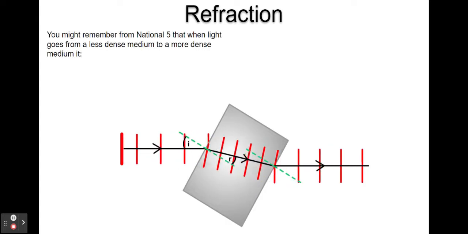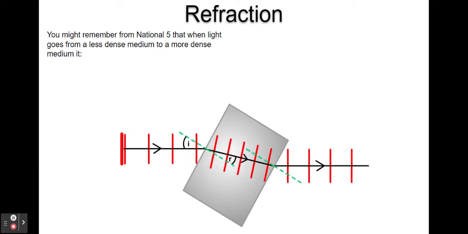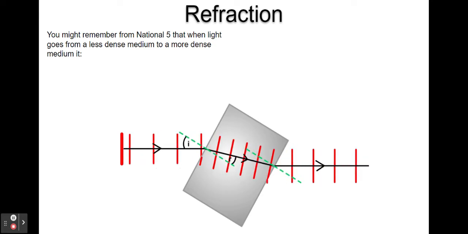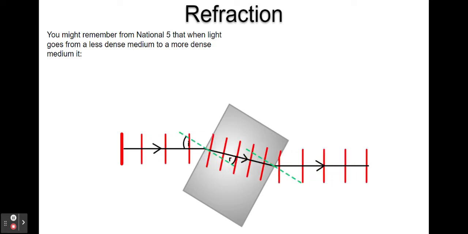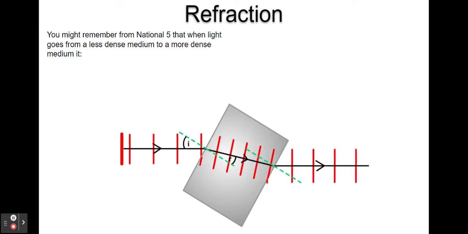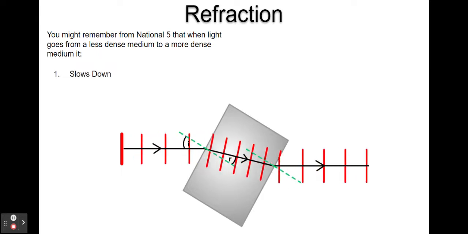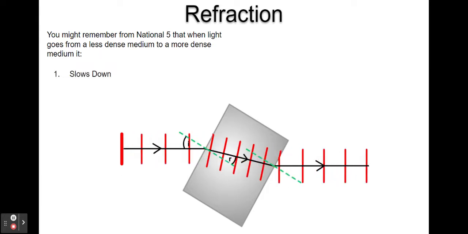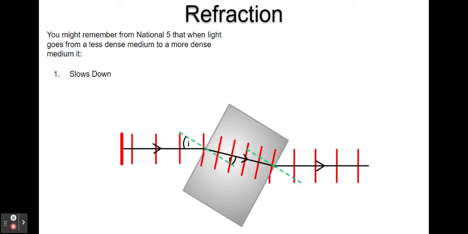Now, we might remember from National 5 that when light moves from a less dense material, like air, into a more dense material, like perspex, then firstly, the light slows down. You can see these red lines slowing down when they enter the perspex.